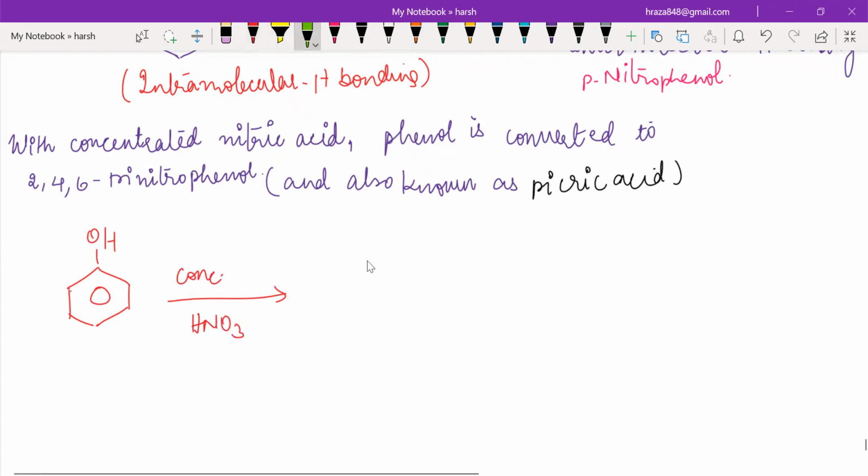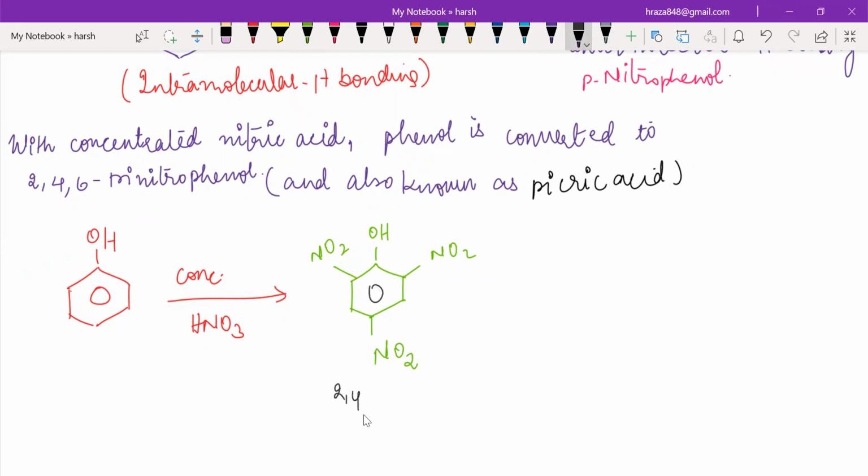So when concentrated HNO3 reacts with this, there will be OH, and with respect to this, there will be NO2 at position 2, and then at position 4, and then at position 6, and it is benzene. So this is our 2,4,6-trinitrophenol, also known as picric acid.